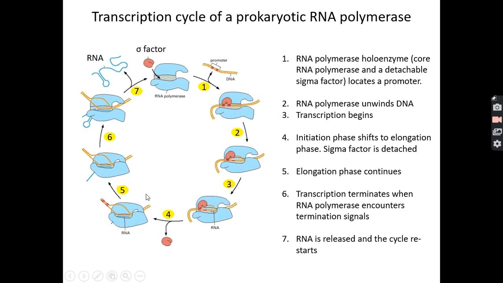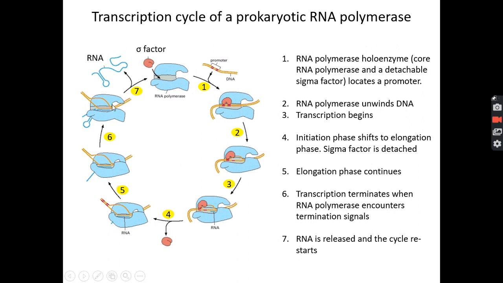Here it continues to elongate as the core enzyme moves along the DNA molecule, and the chain keeps on growing and growing and growing till it forms a hairpin. When it forms a hairpin, it will signalize termination.